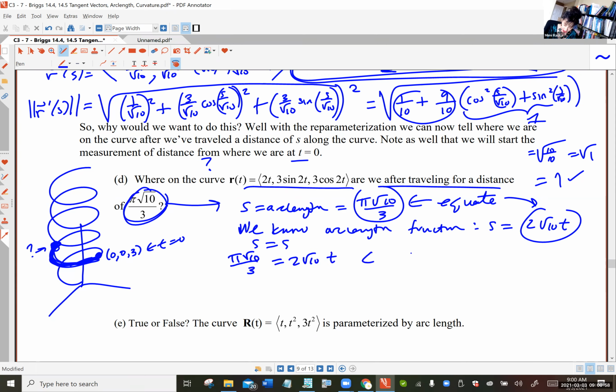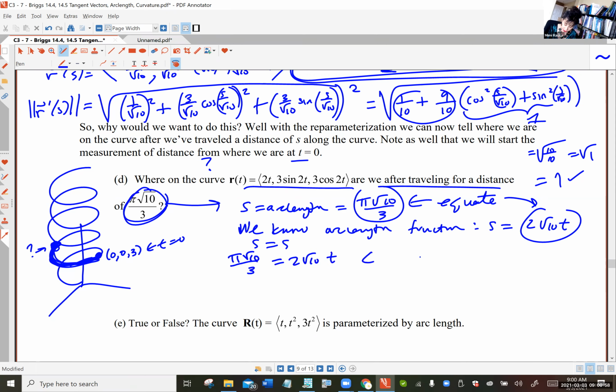And then solve this for t, and you'll know what time it is on your watch that you ended up over here at this point, the ending point. If I divide both sides by square root of 10 and also by 2, I'll have time t equals pi over 6 seconds.